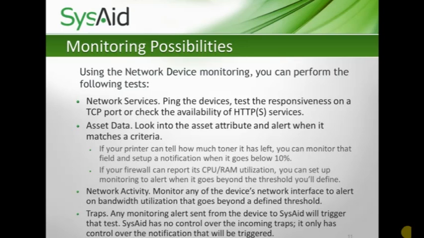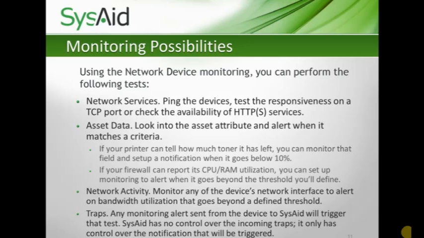So you can use SNMP to pull the CPU or RAM utilization from that device and store it in a designated field in the asset form, and look into that field.